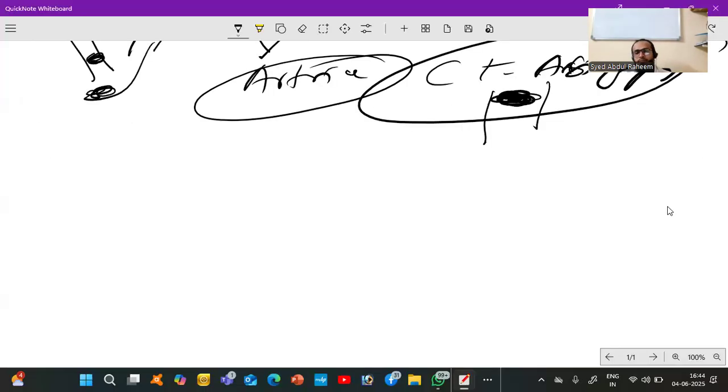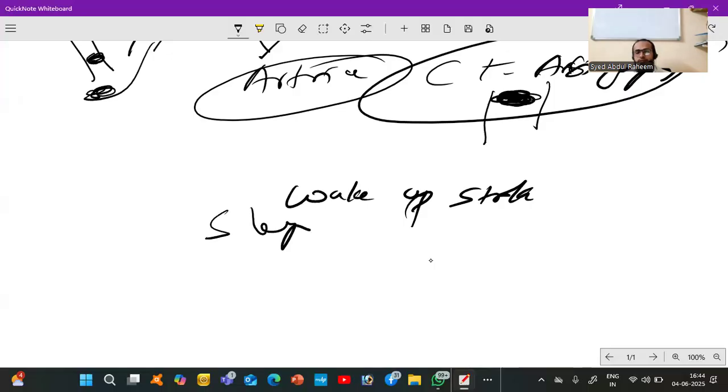And another thing: the patient may come after the window period, or with what we call a wake-up stroke. Wake-up stroke means the patient slept in normal condition, and after waking up, he has weakness in the hands, facial paralysis, unable to speak, unable to walk.